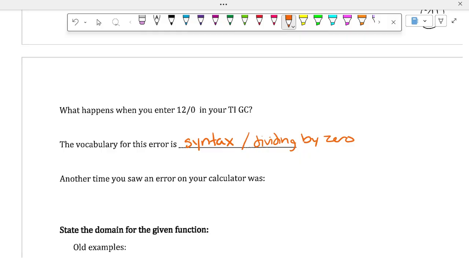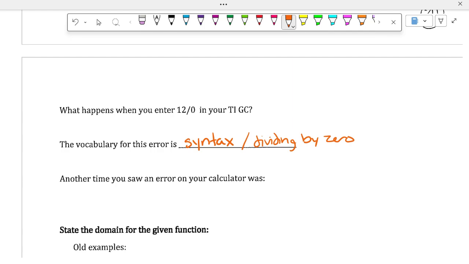Now, I want you to think for a second. Syntax, where have you heard that before? It may not even be in math class. Where have you heard the word syntax before? I know you guys have heard syntax before. Have you heard it in English class? Yeah, you definitely have heard it in English class.